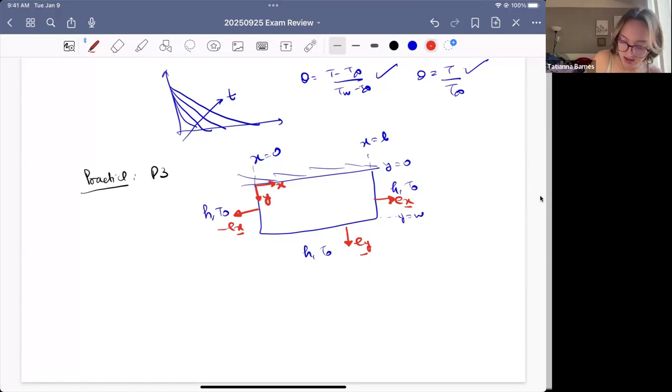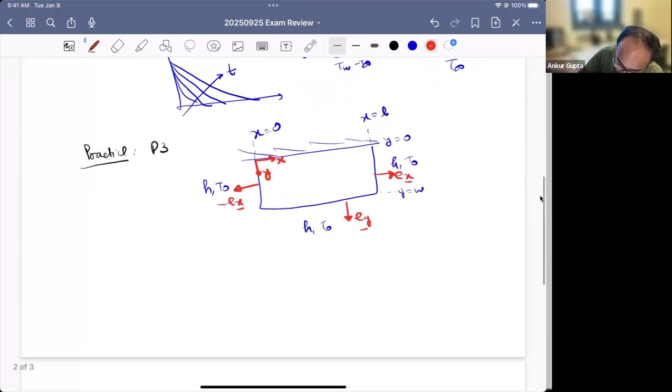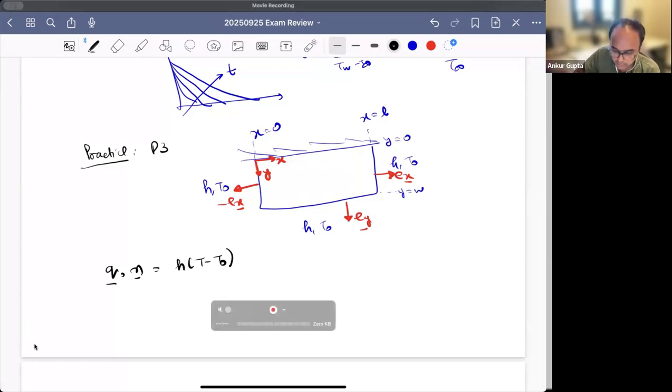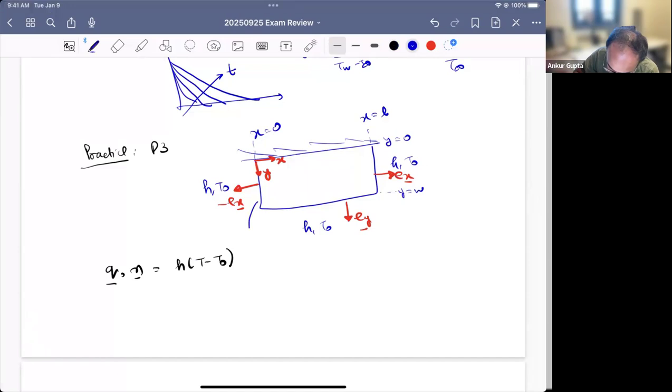Okay, perfect. Now my condition is Q·n equals h(T minus T naught). Let's do it on the left hand side. Q is always minus K times (del T per del X EX plus del T per del Y EY plus del T per del Z EZ).